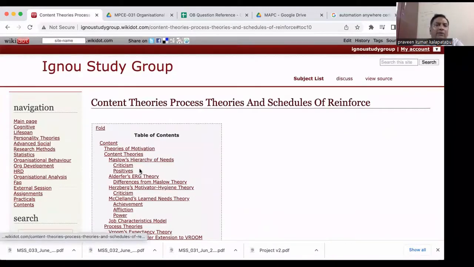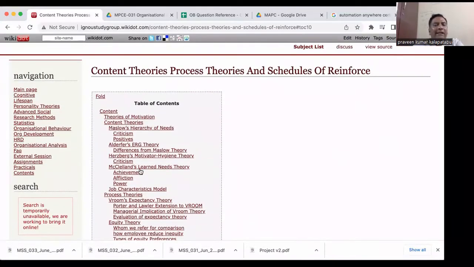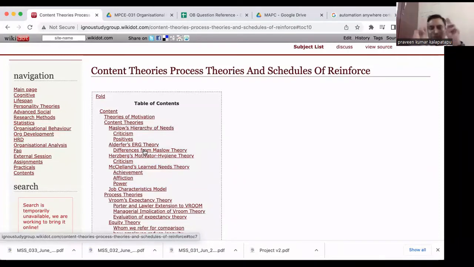Before going into process theories, I'll take a brief pause and talk about these things again, just so that we have a quick recap. Maslow's hierarchy theory: 5 needs, moving up the ladder. ERG theory: no 5, only 3. You can have a mix of those 3, which are existence, relatedness, and growth. And then Herzberg said, no, 3, only 2: you have hygiene or motivating factors.